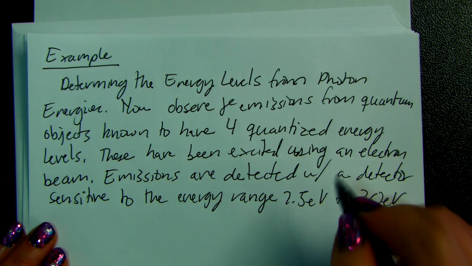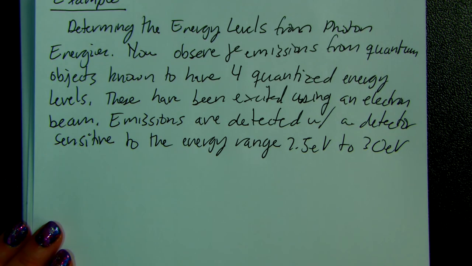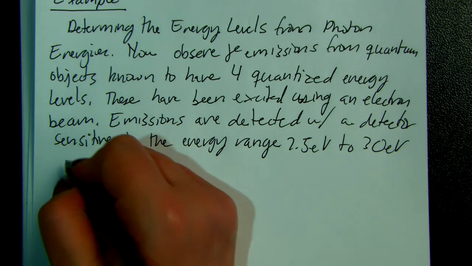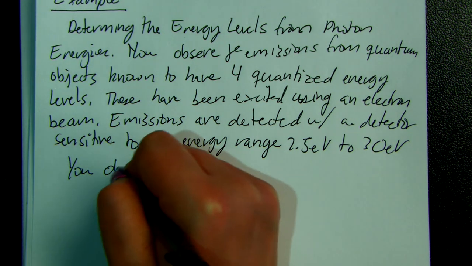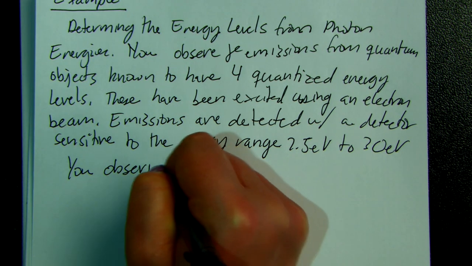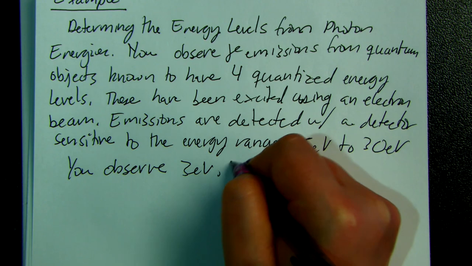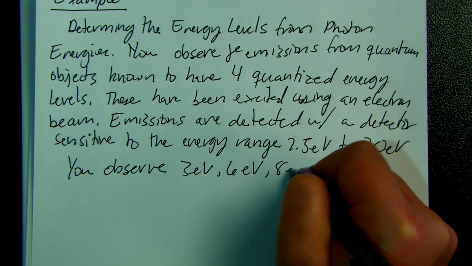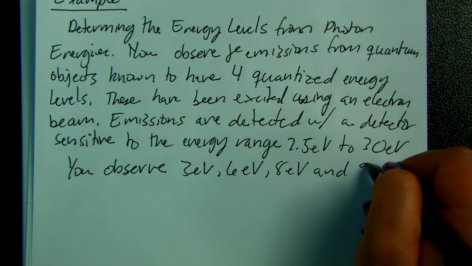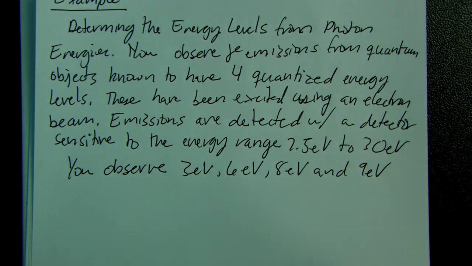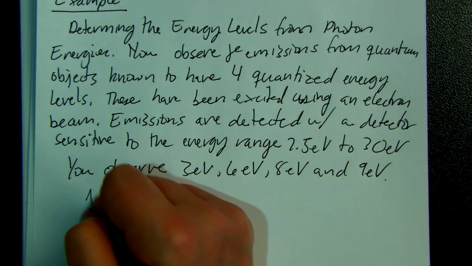So this is the only energy of light, or energies of light, you are allowed to detect. You observe 3 eV, 6 eV, 8 eV, and 9 eV, and no other energies.